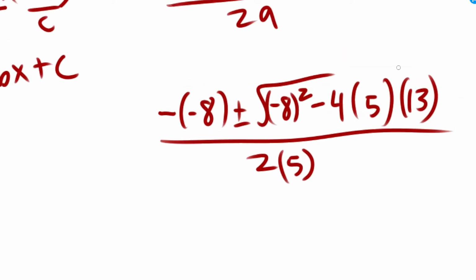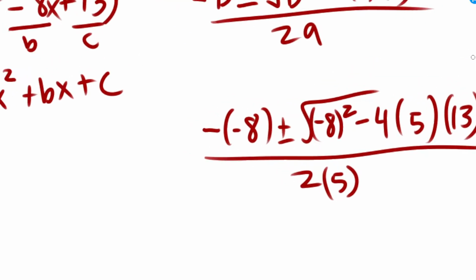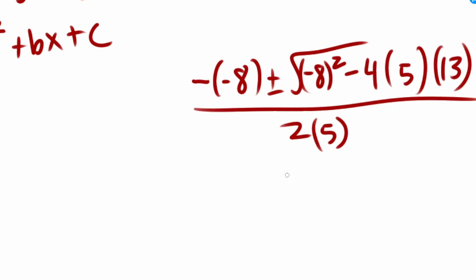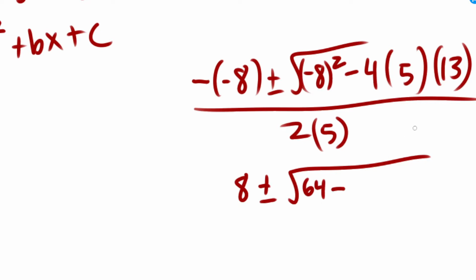Now, that's really gross, huh? But we can just take this one step at a time. So this is going to turn into positive 8 plus or minus the square root of 64 minus 20 times 13. 20 times 13 is 260.